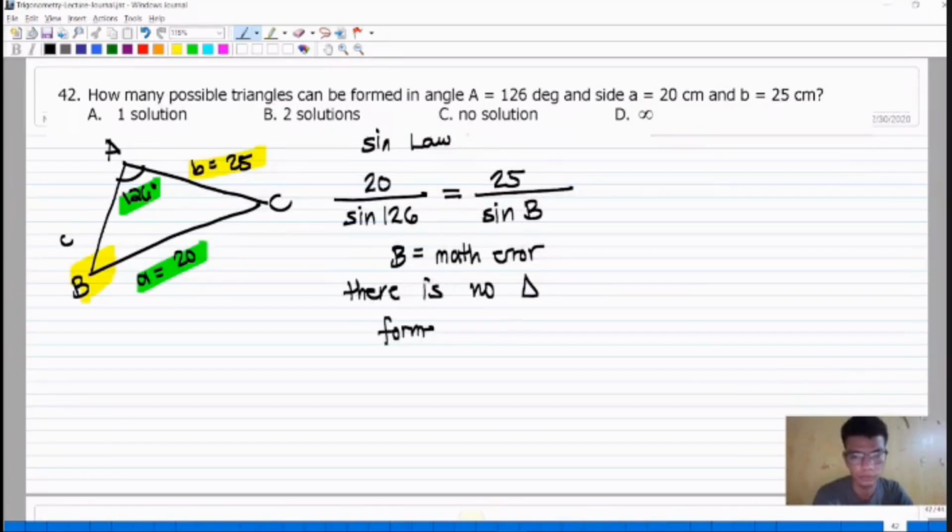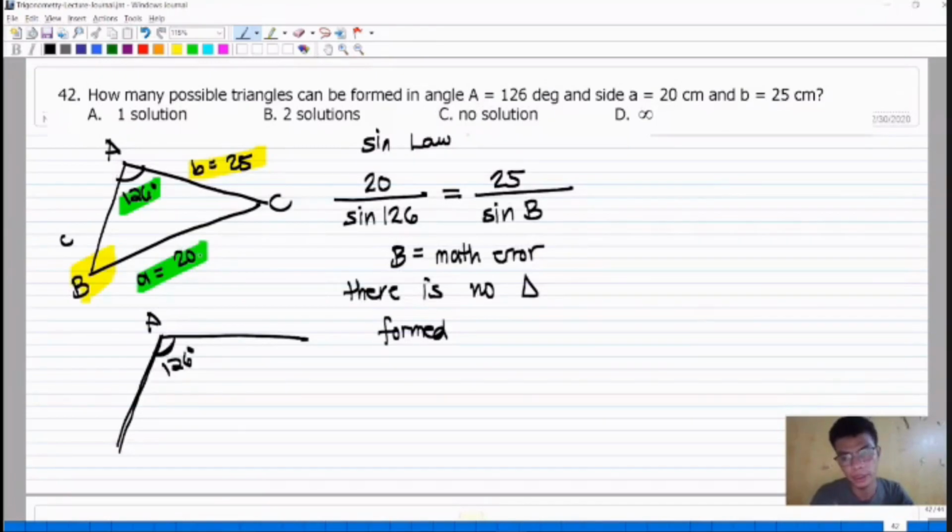So bakit? Paano nangyari yun? Kasi di ba ang property ng triangle natin, the sum of the angles must be 180. So, kung si angle A, siya ay isang obtuse angle which is 126. Dapat, sobrang laki na ng buka ng triangle na yun, di ba? Dapat yung side opposite the angle A, siya yung pinakamahaba.